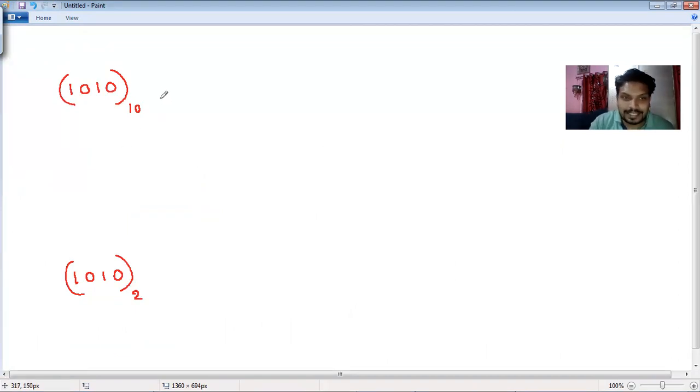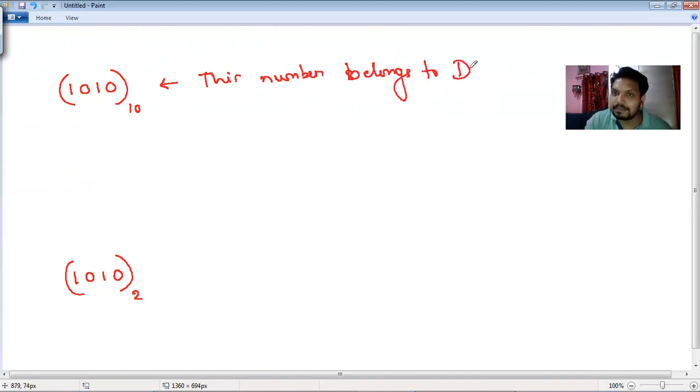So here the base is 10. It means this number belongs to decimal number system.